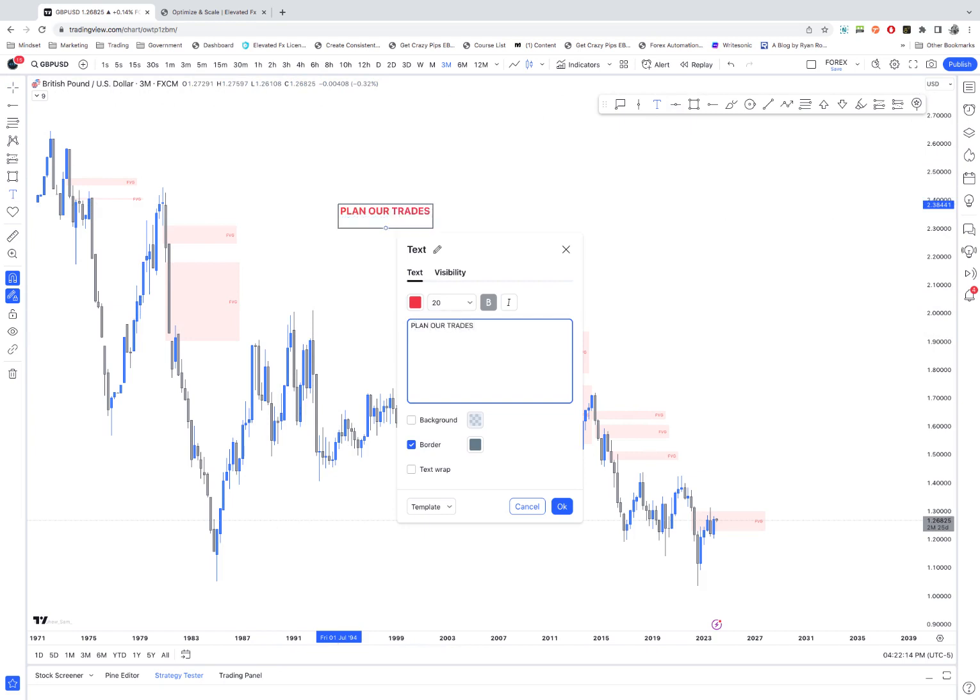And in order to plan our trades, there's three core things we want to pay attention to. Number one, where are we in the market? Number two, where were we? All right. And number three, where are we going? What does this do?